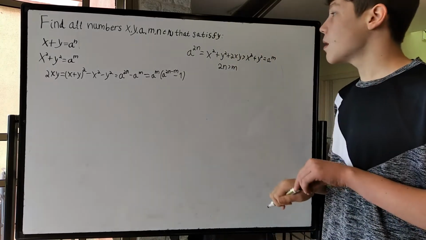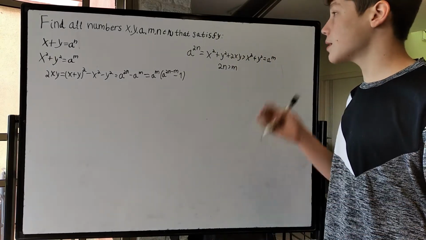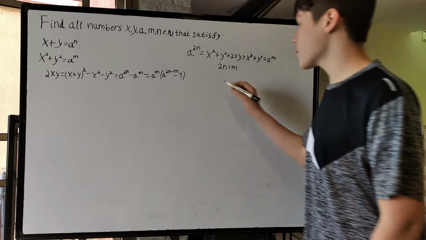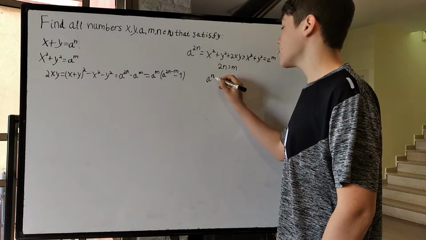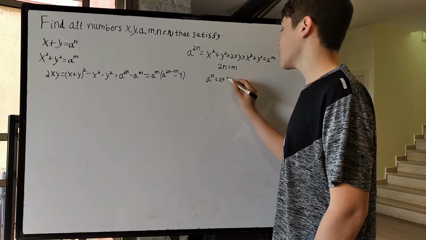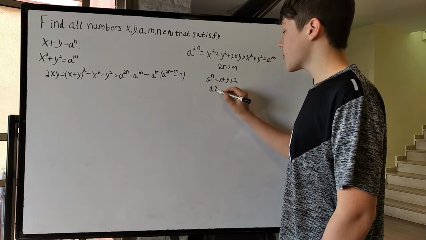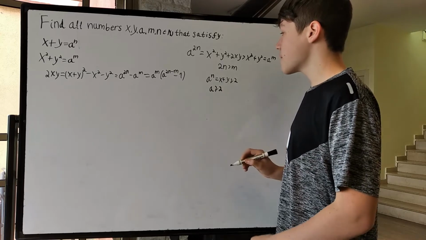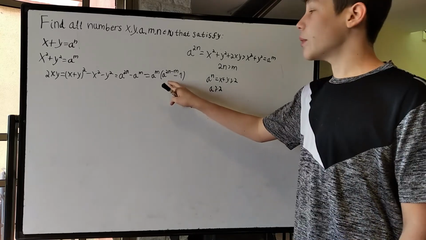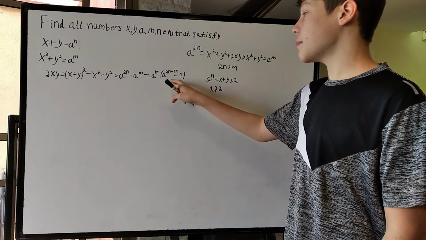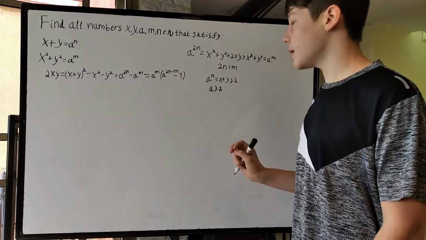And another thing I want to establish is because x and y are natural numbers, a to the n, which is equal to x plus y, is bigger than or equal to 2. So a is bigger than or equal to 2. Meaning that this, we know it's a whole number, and it cannot be 0, because that would require a being 1.